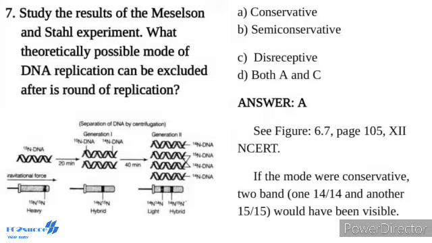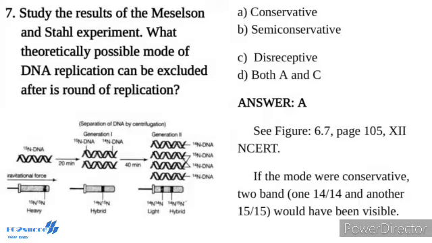Step number 3. Thus the DNA that was extracted from the culture one generation after the transfer from N15 to N14 medium, that is after 20 minutes, as Escherichia coli divides in 20 minutes, had a hybrid or intermediate density.